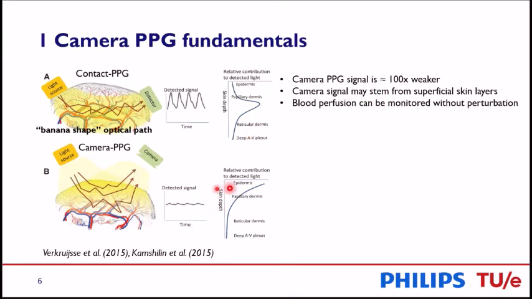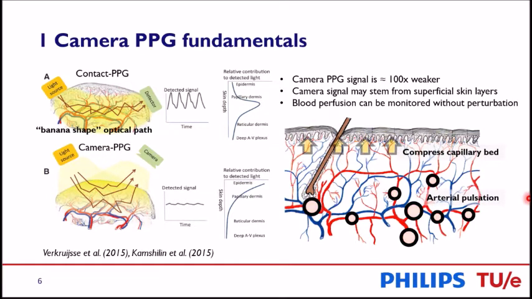So the camera PPG signal is much weaker than the contact PPG signal, and thus more difficult to extract. But the benefit of the camera PPG is that the blood perfusion can be measured without perturbation. So it does not have the pressure from the contact sensors like in the contact PPG setup.